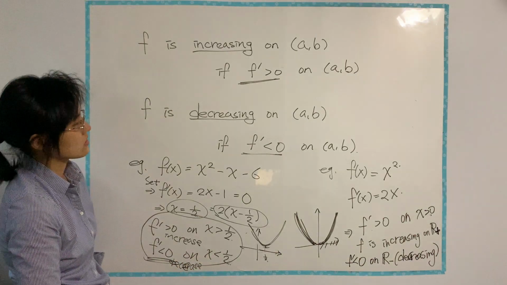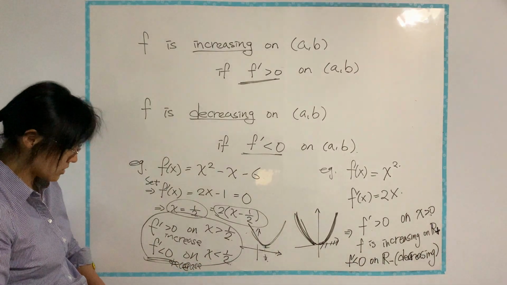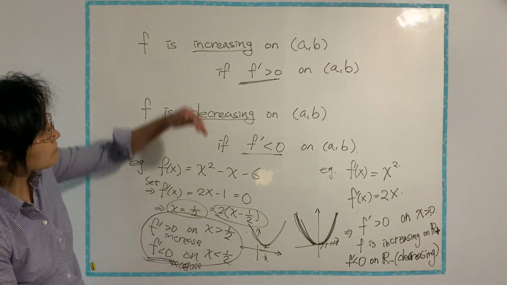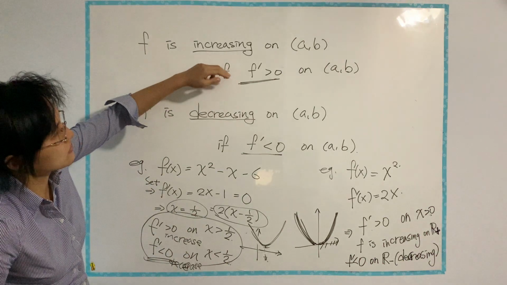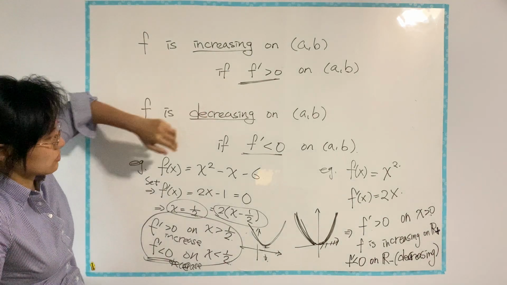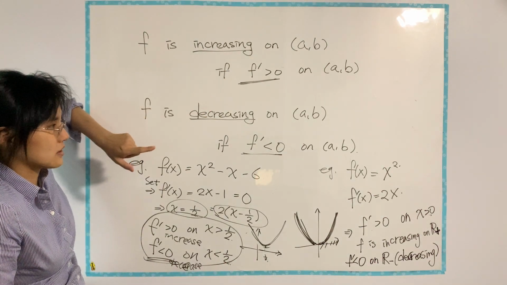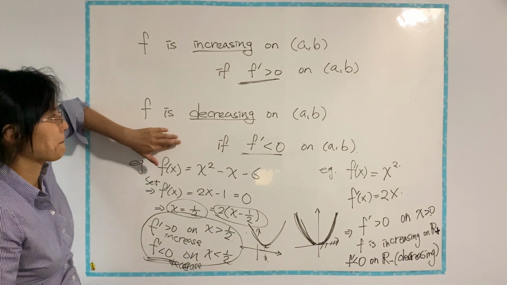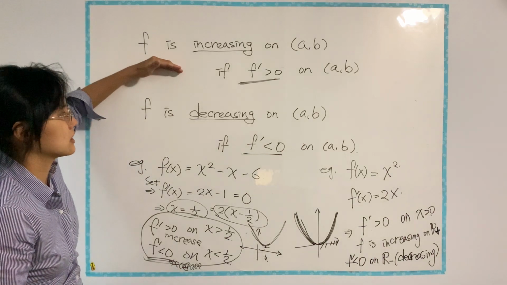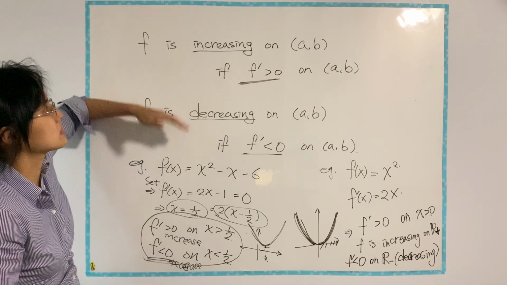All right, so this is how you can use the sign of the derivative function to know the monotonicity of a function f. Okay, monotonicity meaning decreasing or increasing.